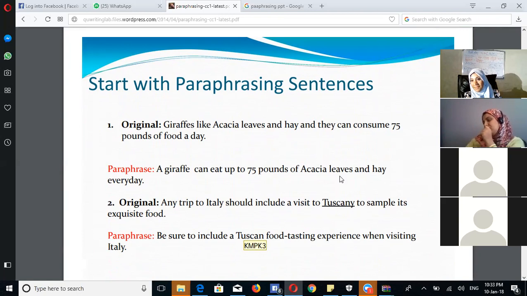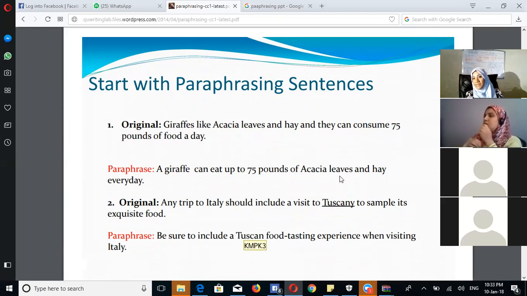Where is the screen? Wait, it's right above. Where is it here? Any trip to Italy should include a visit. So here should include means be sure to, or it's advisable, as Osama said.